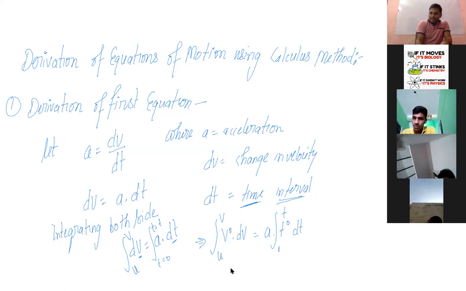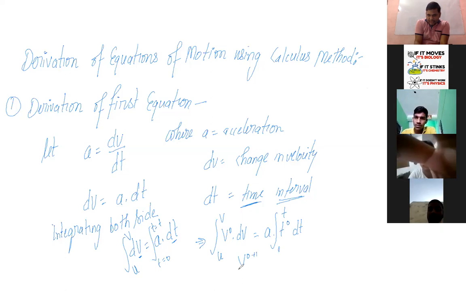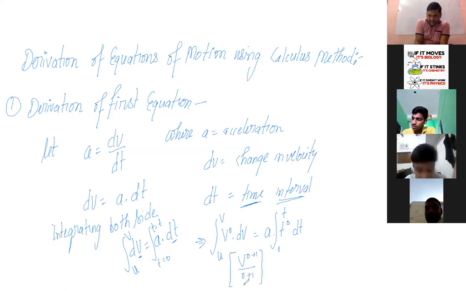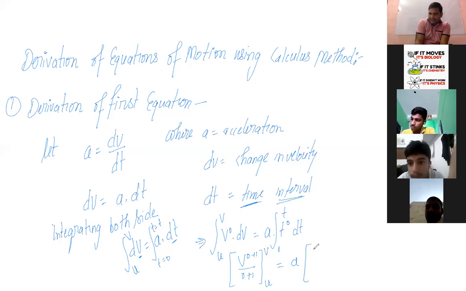Now integrate. You get v to the power 0 plus 1 upon 0 plus 1, from u to v, equals a times t to the power 0 plus 1 upon 0 plus 1, from 0 to t.